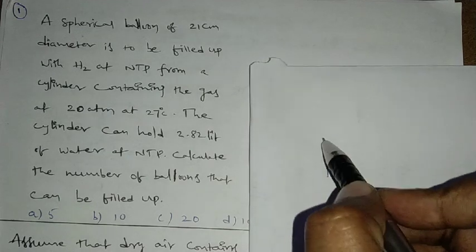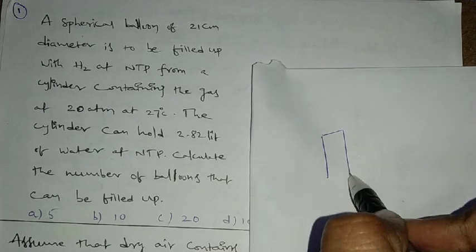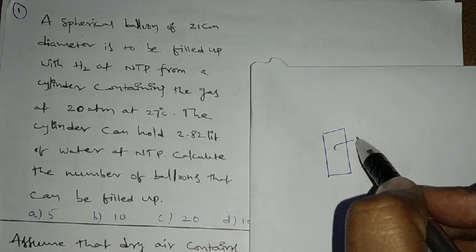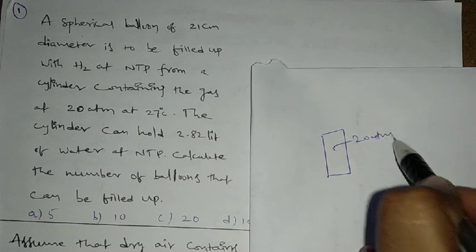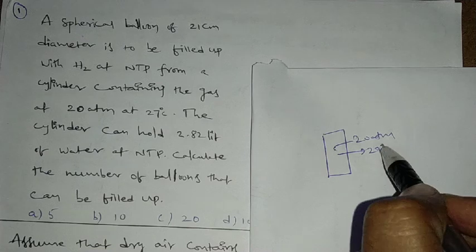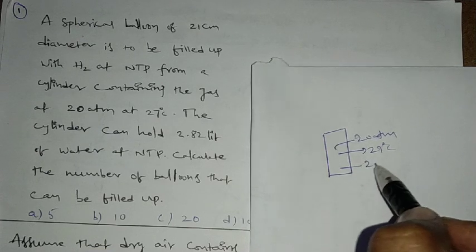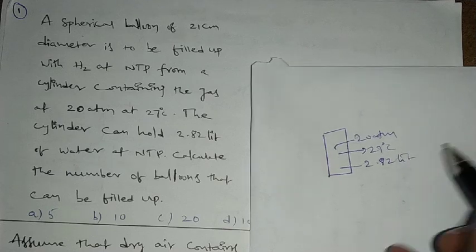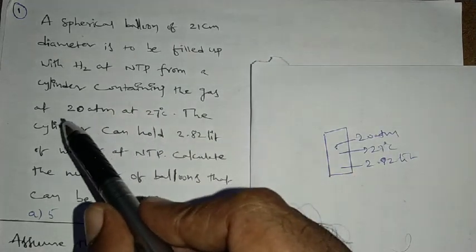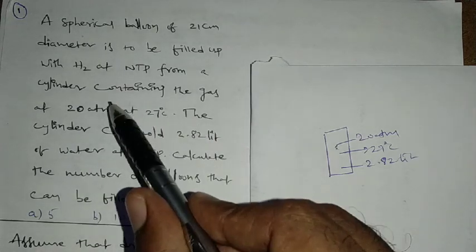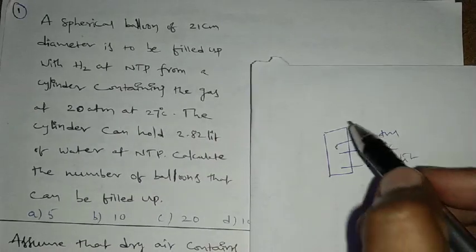A cylinder, at 20 atmosphere pressure and 27 degrees centigrade temperature, and it already holds 2.82 liters of gas. Water capacity here is nothing but the gas also contained. The cylinder can hold 2.82 liters of water at NTP. It contains H2 gas.